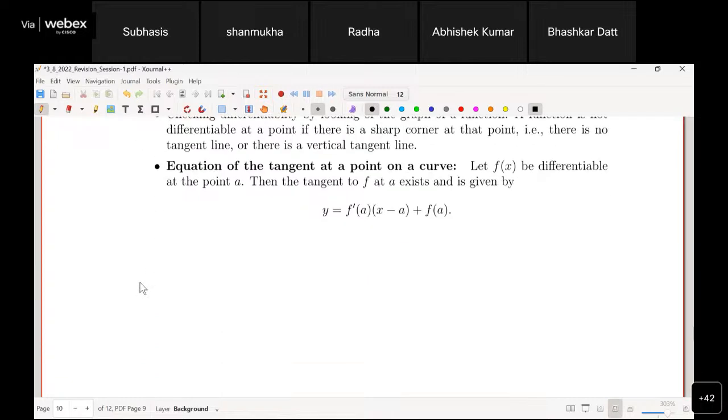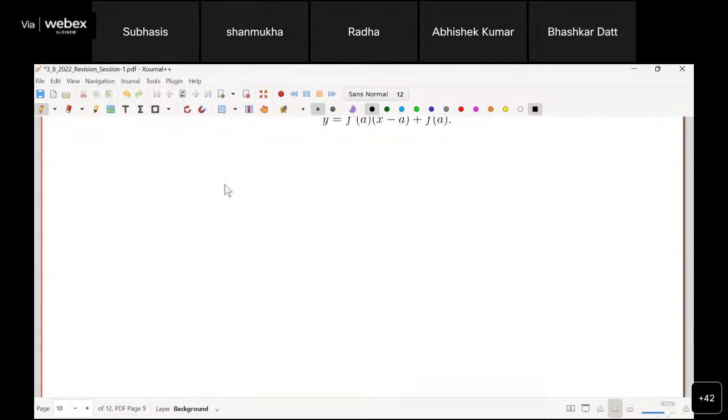So for differentiability, let me tell you. One thing you can say is that if f is not continuous, from there itself you can say that f is not differentiable.